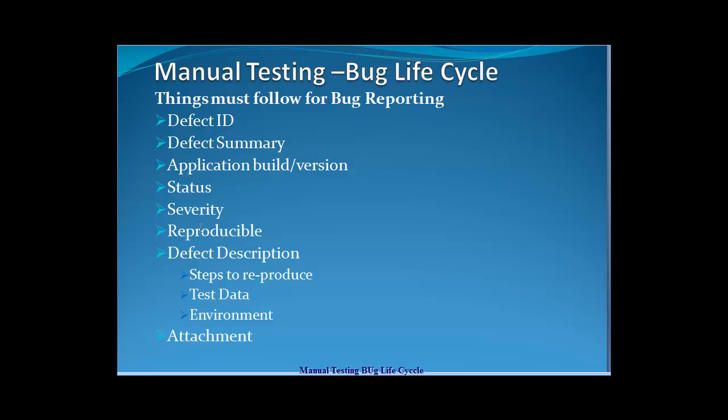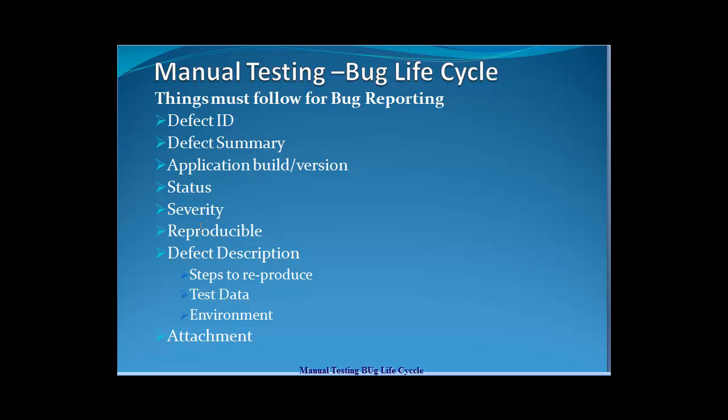Now, things which a test engineer should follow while reporting the defect. So in any defect tracking sheet or defect tracking tool, these are some important things which a test engineer should mention. Defect ID. Defect ID is automatically generated by a bug tracking tool.